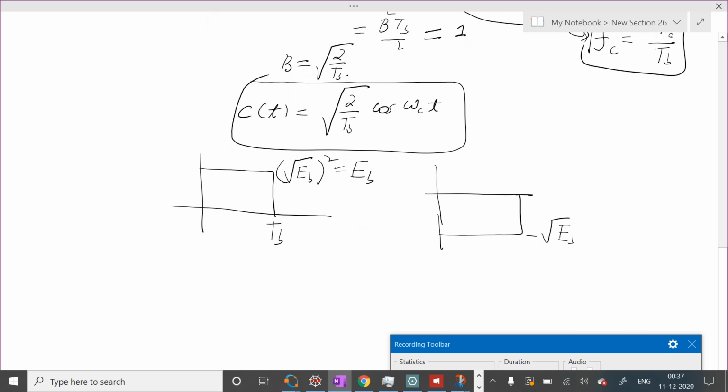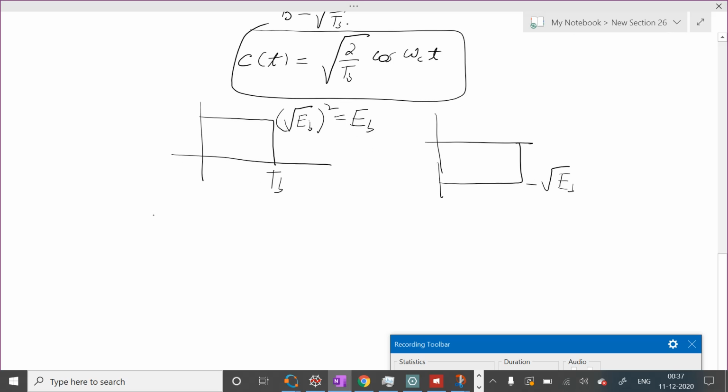So that is the reason we can write it as root Eb also. It means that binary 1 is represented by root Eb level of the signal, and binary 0 is represented by minus root Eb level of the signal.